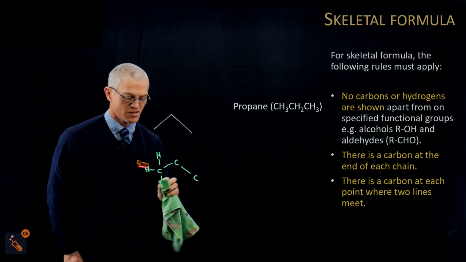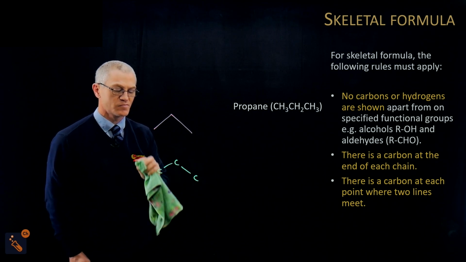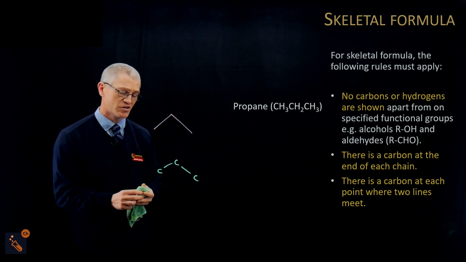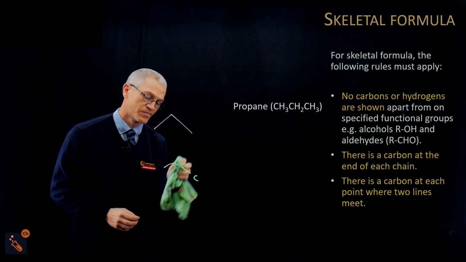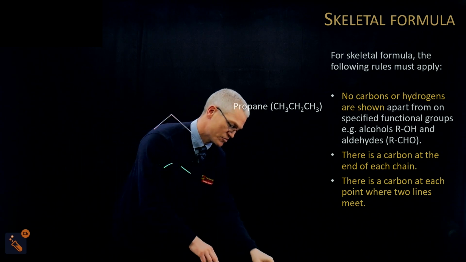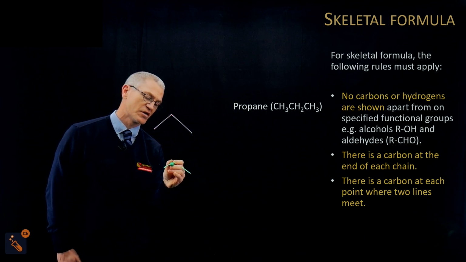Okay. Then we go from there, and we've got rid of all of those. Then we also say we don't show the carbons either. So the carbons are gone. Now those carbons are gone, and all we do is bond it back up again.